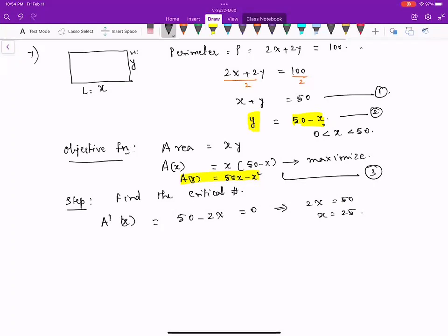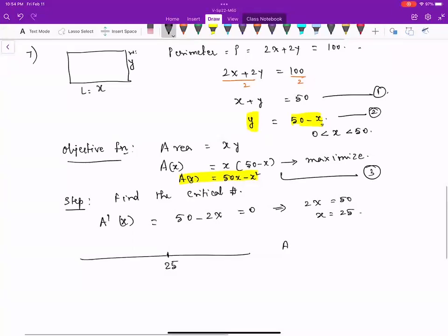Then, in this case, let's take the critical number here, and we have to see what happens to the left side of 25 or right side of 25, which is nothing but precisely the first derivative test. So that is the one we are going to use. So to the left of 25, A prime x, when x is less than 25, we can give a test value, say x equal to 10.